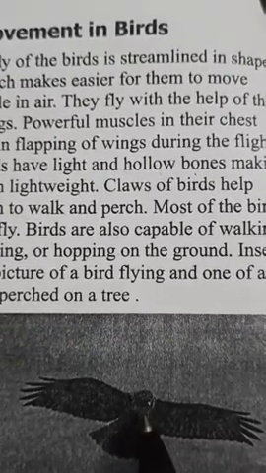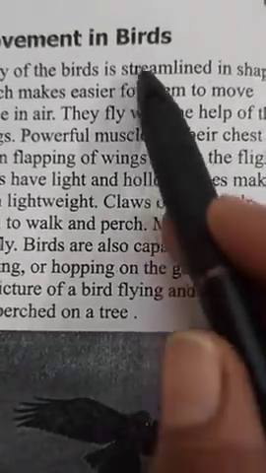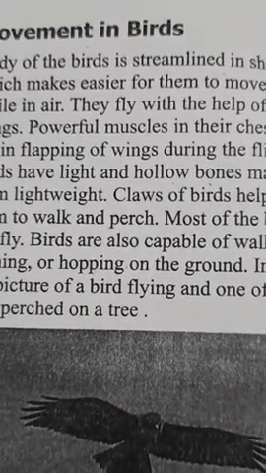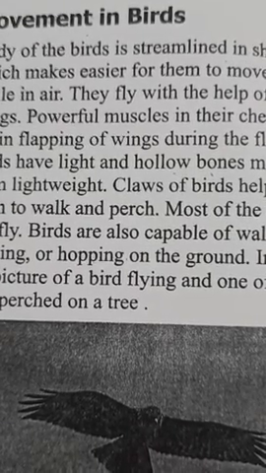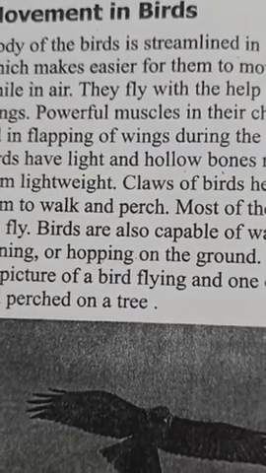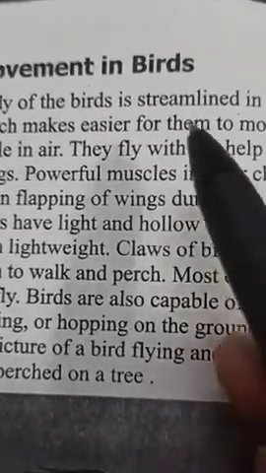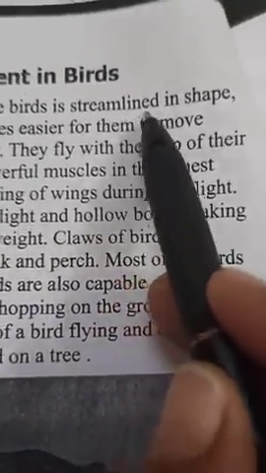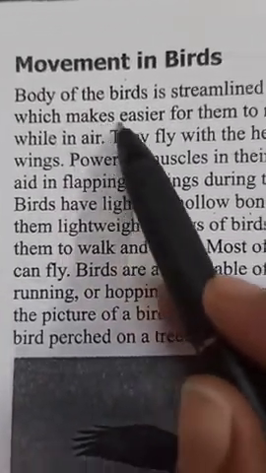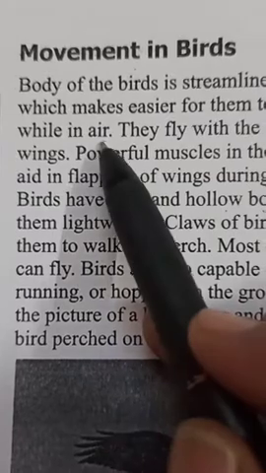And in case of fishes also, we will study about this streamlined body, because fish also has a streamlined body. You can see the fish mouth is also tapering and the tail also tapering, but from the middle it is thicker. Okay, so that kind of body is called a streamlined body or streamlined shape, which makes it easier for them to move while in air.